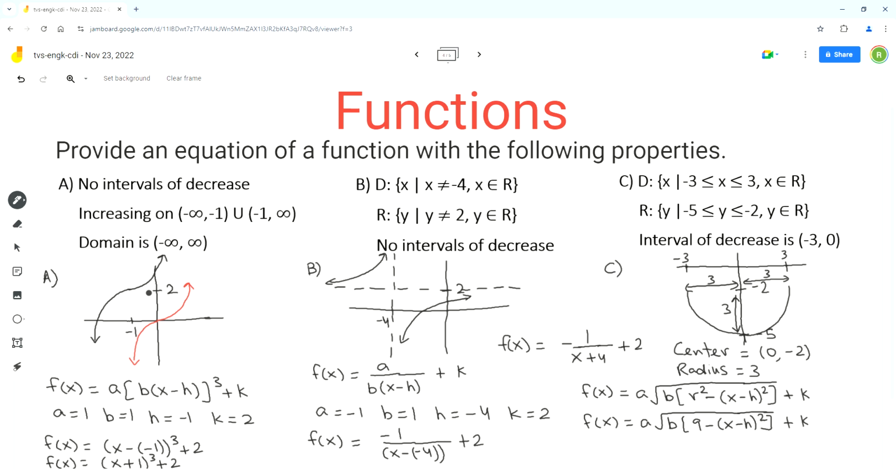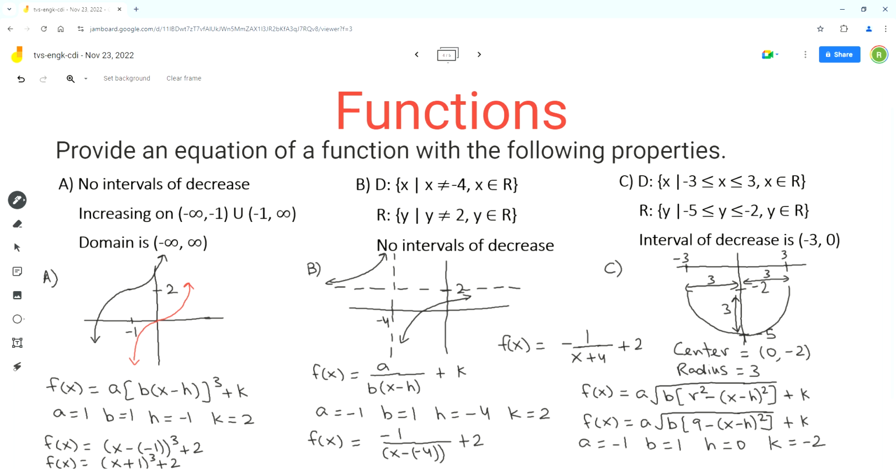The graph of the base or parent semicircle function is a semicircle whose center is at 0, 0 origin and is above the x-axis. That means this function has been reflected over the x-axis. So a value can be equal to -1, b can be equal to 1. There is no horizontal translation, so h is 0. And there is vertical translation 2 units down, so k is equal to -2.